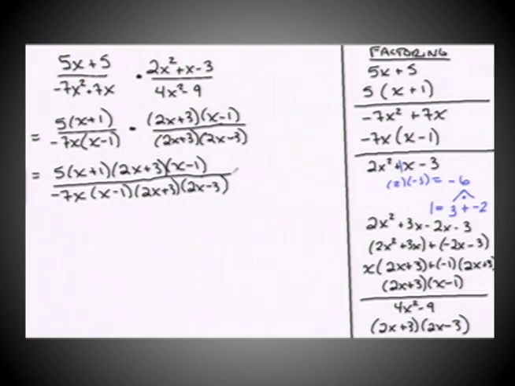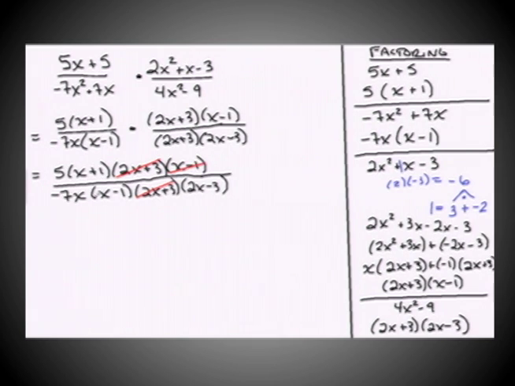Now we're ready to move on to the third step, which is to divide out any common factors from the numerator and the denominator, because we know that anything divided by itself is 1. So we come back and look, and we have a common factor of 2x plus 3. 2x plus 3 divided by 2x plus 3 is just 1, and we're multiplying with a 1 so it doesn't show up.